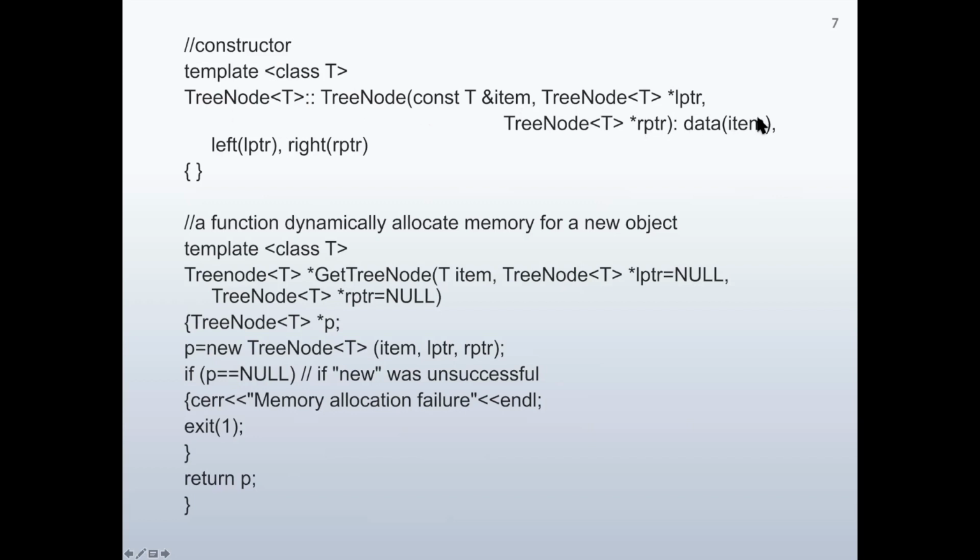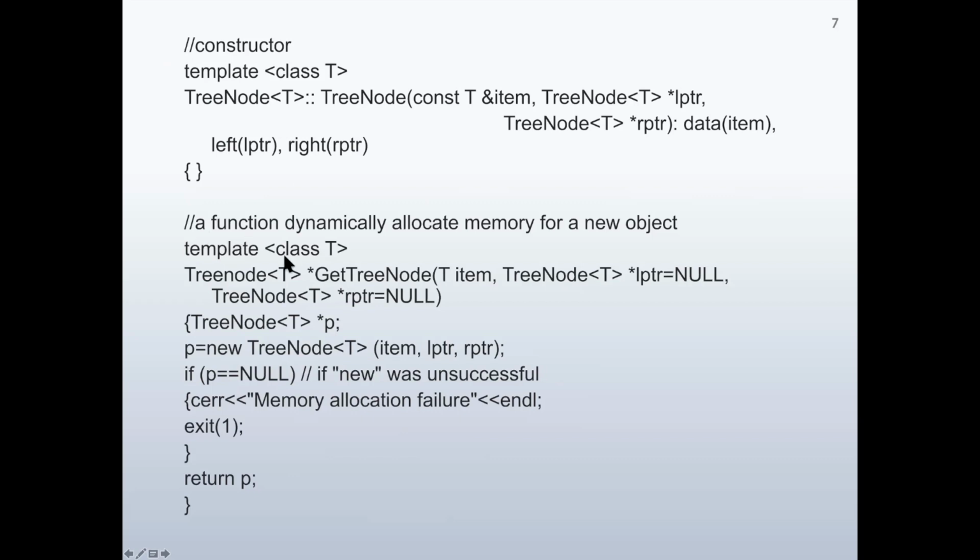Data is loaded with the value of item. LPTR is loaded to the left field, and RPTR is loaded to the right field of the node just created by the constructor. You may implement yourself the other methods declared in the tree node class.